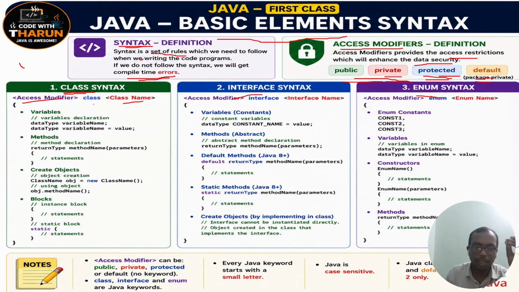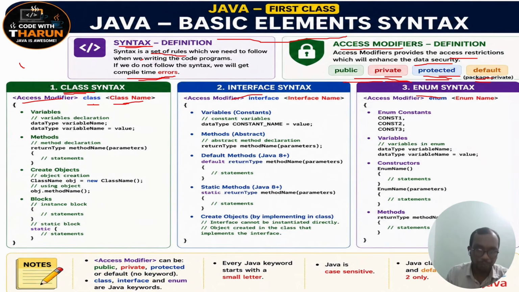You already know the access modifiers: public, private, protected, and default. In the access modifier place, we will write an access modifier. Class is a keyword in Java, and we can write any class name. For example, student. Now we will create one class: public class Student, open braces, and close braces.